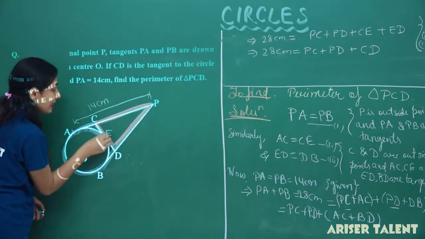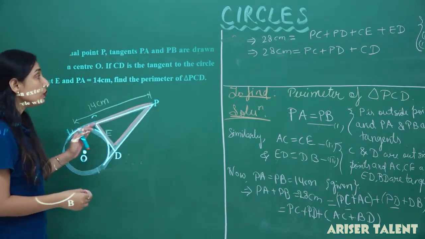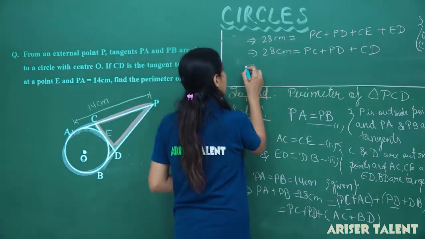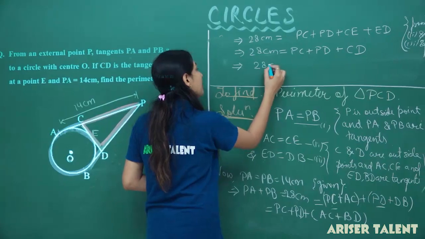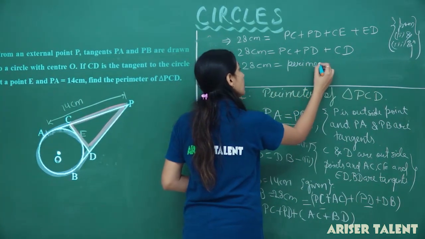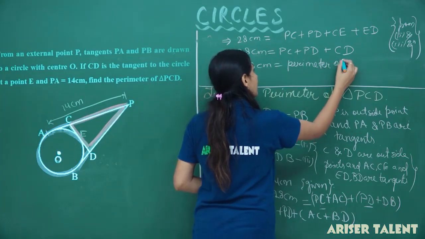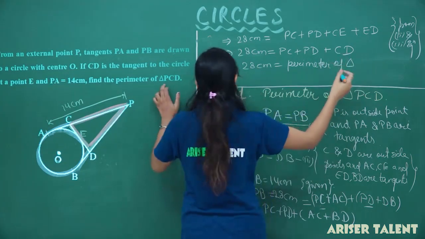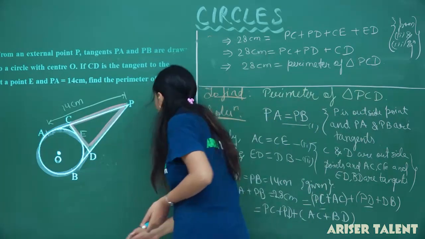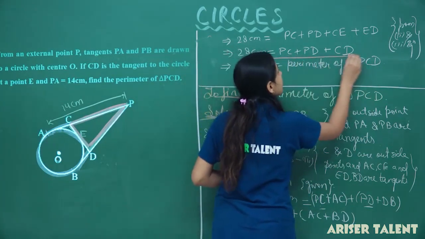So, this is CD and this is the same triangle whose perimeter we have to find. So, that will give me 28 centimeters equals to perimeter of triangle PCD, right? And this is what we have to find. So, this is our final answer, students.